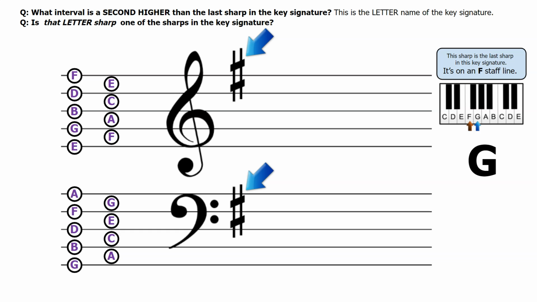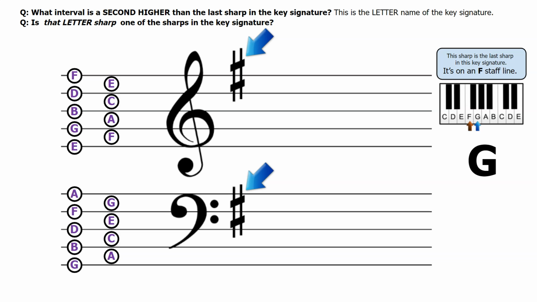Is that letter, G, a sharp in the key signature? Now this is a little silly to ask because there's only one sharp, and we know its name is F.